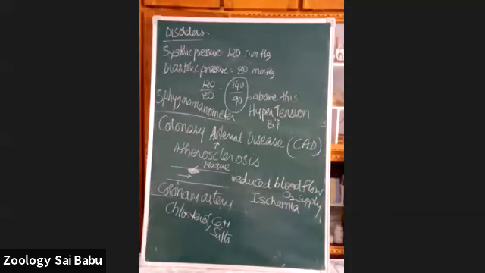So what is the result? Because of the formation of atherosclerosis, there is reduced blood flow, which we call ischemia or myocardial ischemia.